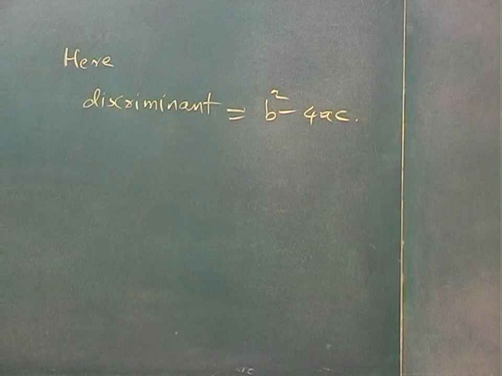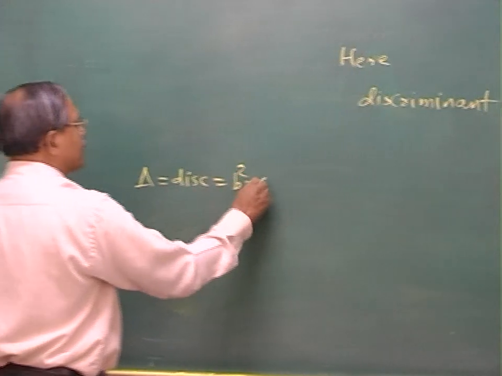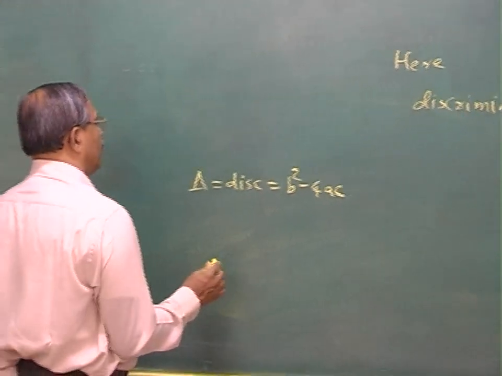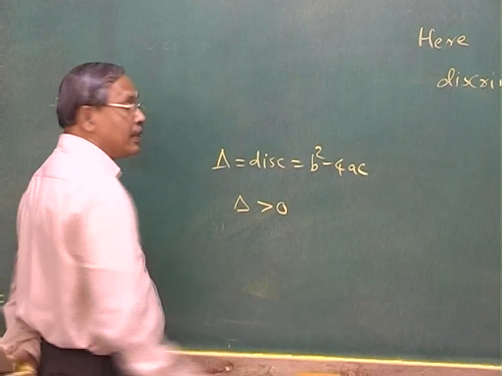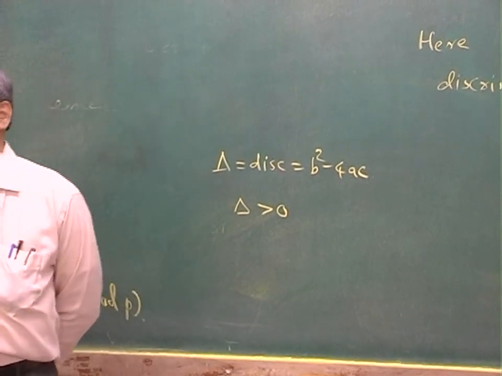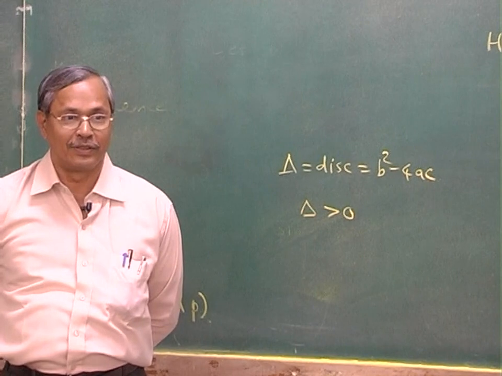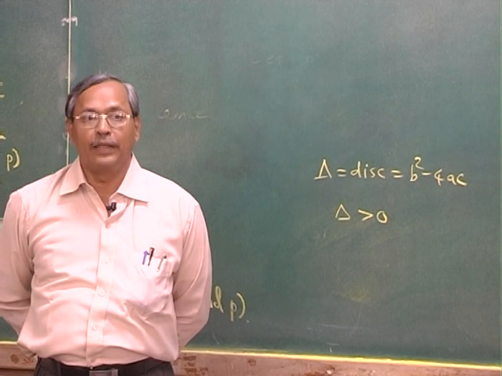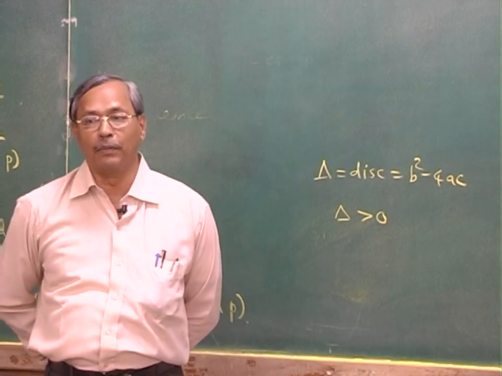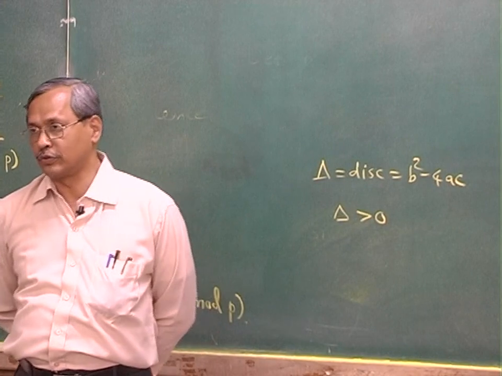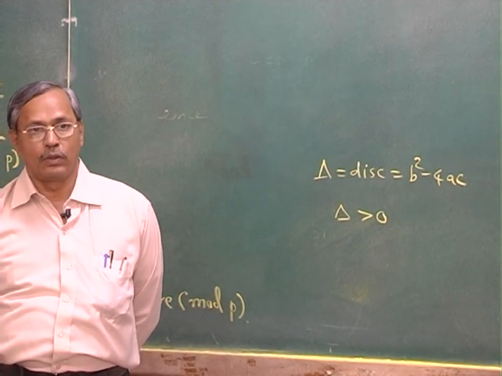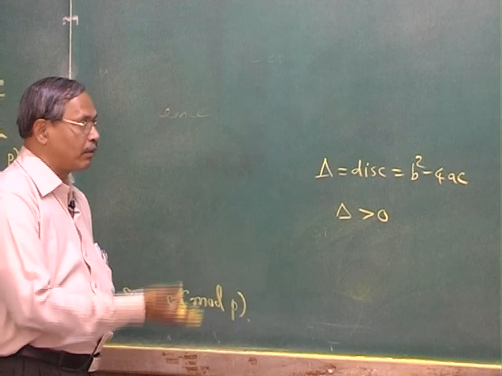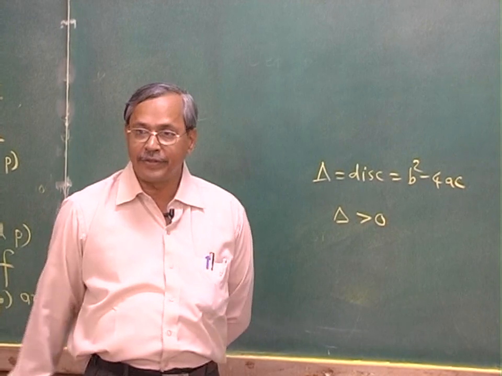There we say delta equal to discriminant equal to b square minus 4ac. We say if delta is bigger than 0, then we say that it has two solutions. That is because if delta is bigger than 0, any positive real number, it has two square roots. So here we cannot say in the case of mod p, positive negative, that doesn't make sense.